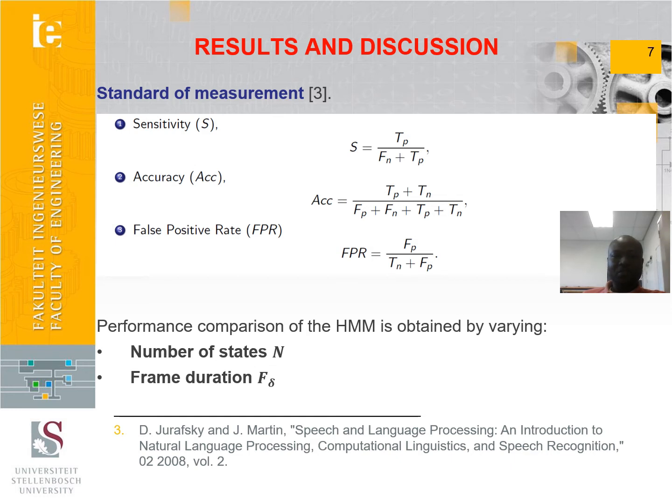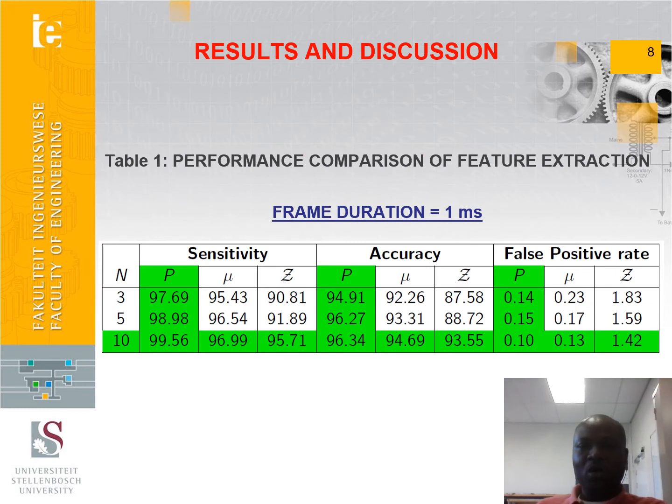We have used sensitivity, accuracy, and false positive rate. Table 1 shows the performance of the extracted features, which are average power, mean, and zero crossing rate, using different states, that is N equals 3, 5, and 10, with a frame duration of 1 millisecond.